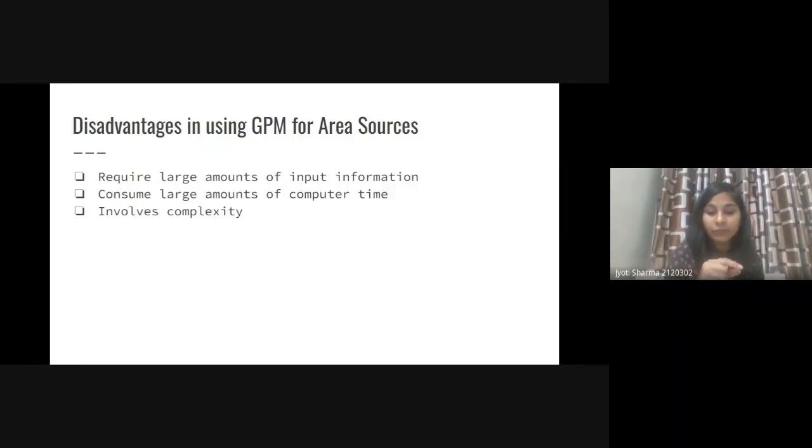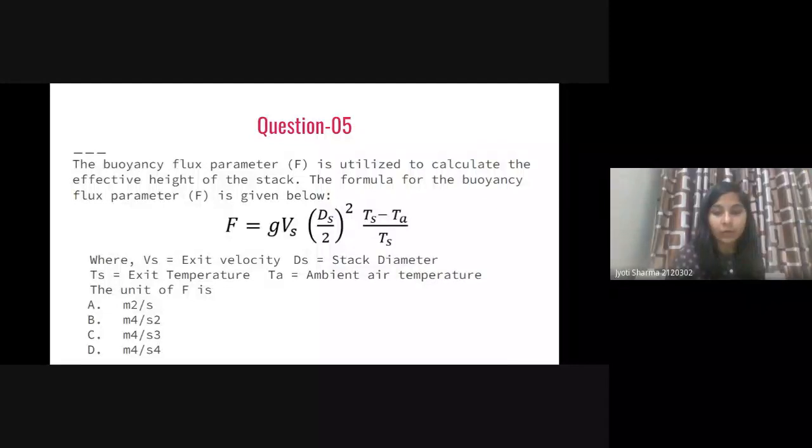You must have the value of the emission rate. You must have the value of the stack height. So a lot of information you need for an area source. And if you have a large amount of input information, then you must have supercomputers to calculate it, and this will also include complexity. So your answer was right.